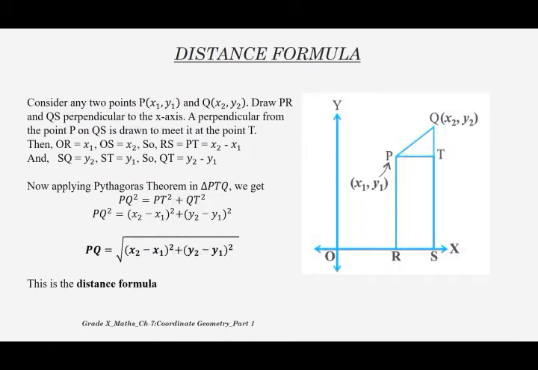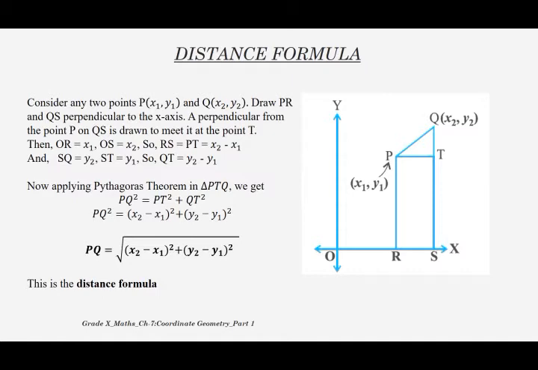Now, with the idea that you have from the previous example, we are going to derive the distance formula. Consider any 2 points P (x1, y1) and Q (x2, y2). Draw PR and QS perpendicular to the x-axis. A perpendicular from point P on QS is drawn to meet at the point T. Now OR is x1, OS is x2.